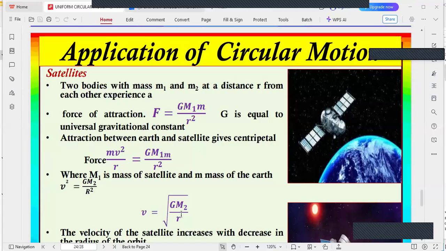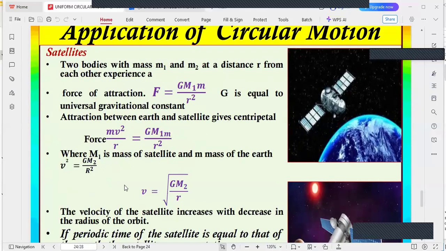Don't know why it's M capital. Let me see. M1 is mass of the satellite and M is mass of the Earth, yeah. So M cancels, so this is mass of the Earth over R. So this is the velocity of the satellite.